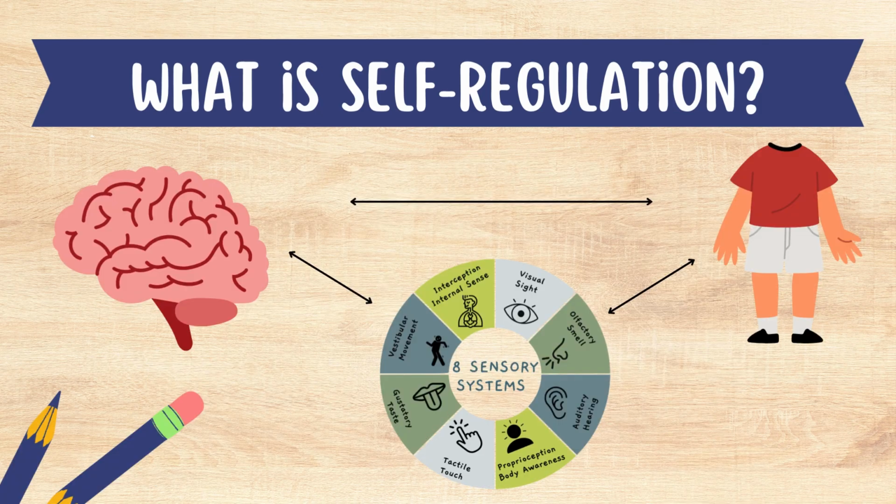So, in the definition of self regulation, we mentioned the neurological component, or more simply, the brain, the sensory systems, and the ability of a person, which here is represented as a body, to manage its input for a task or situation. When these systems are in sync, students are better able to focus, learn, and interact positively.